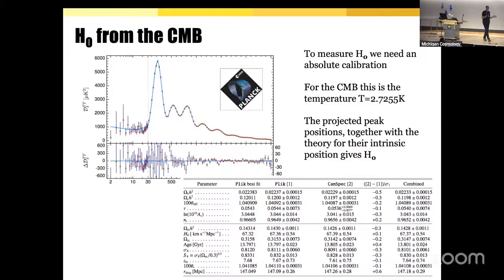If you've ever wondered why Planck is telling you the present-day baryon density, even though the CMB is a projection of the last scattering surface at very high redshift, it's because those C_ells only tell you ratios, abundance ratios. They tell you the ratio of baryons to photons. They tell you the ratio of dark matter to photons. To normalize it, you need the CMB temperature, and you need to know the present-day density of photons.